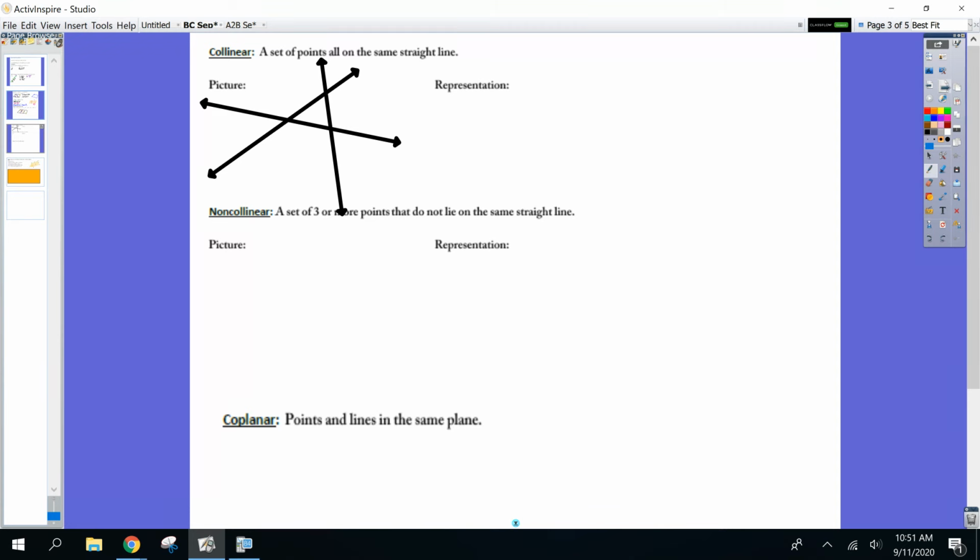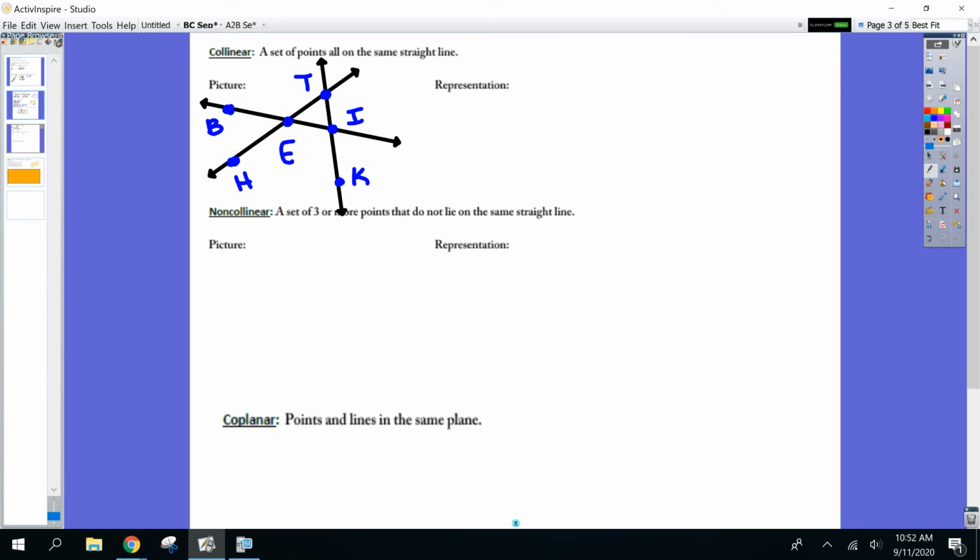All right, I'll put some points on there. Okay, again, collinear, points on the same line.